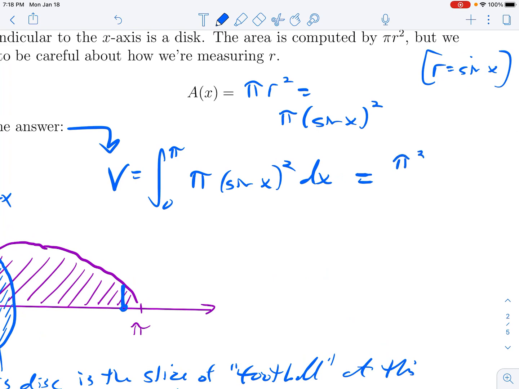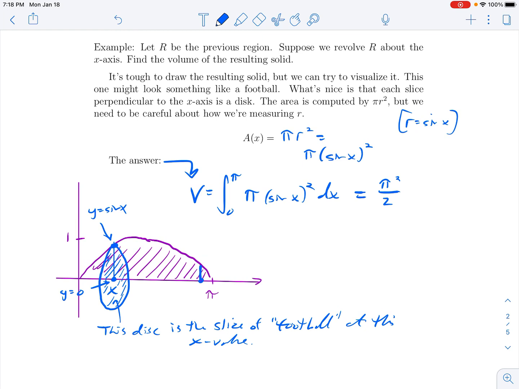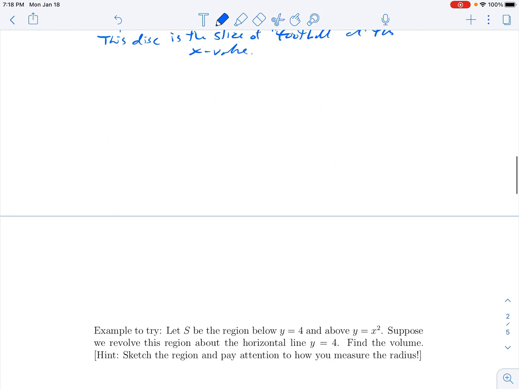So this would be pi squared over 2. Or you could get a decimal in that. In the short term, I'm much more interested in you learning which integral you are supposed to do for these volume problems than pausing to do each specific integral. Either you do it on your calculator, and you should know how to do that, or you have to roll up your sleeves and do it by hand, but we're not going to dwell on that right now.